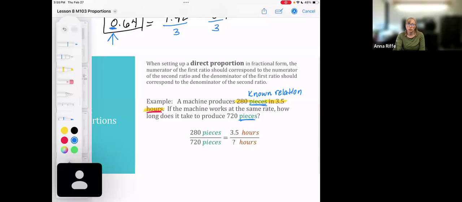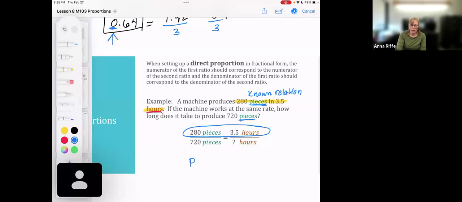It's a known relationship between the variables. We know something about both variables for a given situation, a given setup. So X amount of pieces for Y number of hours. That known relation for a direct proportion, we are going to put in the numerator of our fractions, or it'll become the two numerators of our proportion.